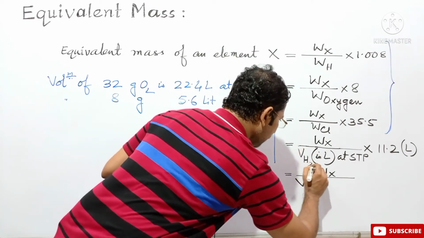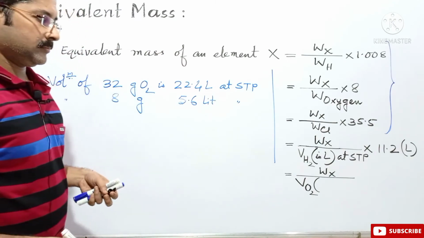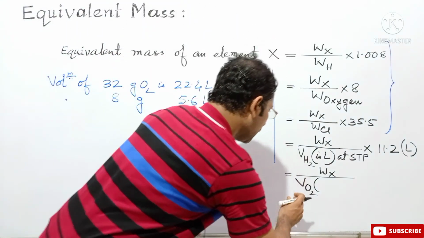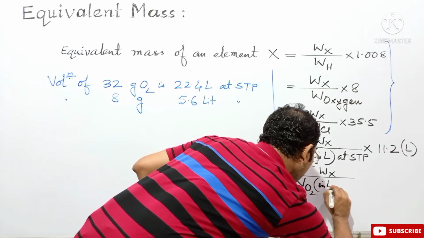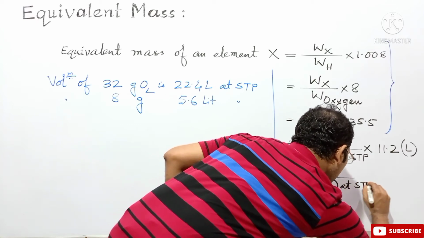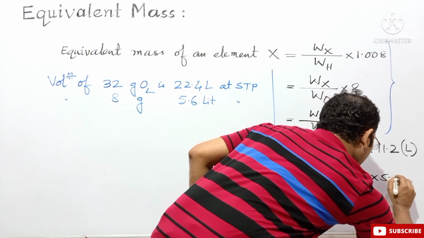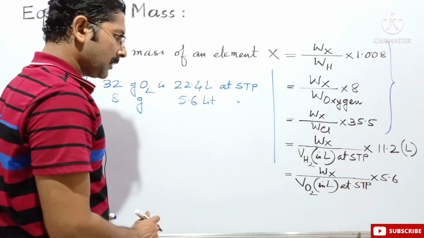Hydrogen and oxygen are diatomic gases, so volume of hydrogen, of course hydrogen is gaseous. Now volume of oxygen in liter at STP into 5.6, and of course 5.6 is in liter, okay.